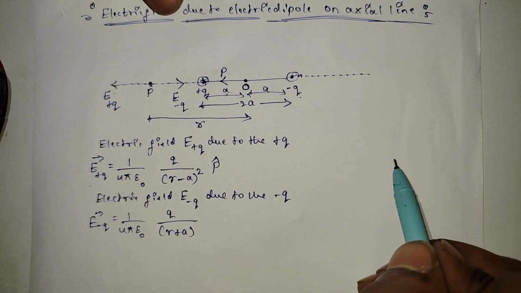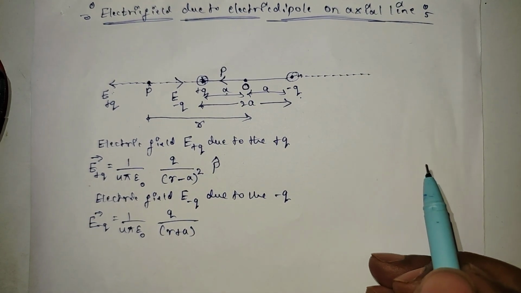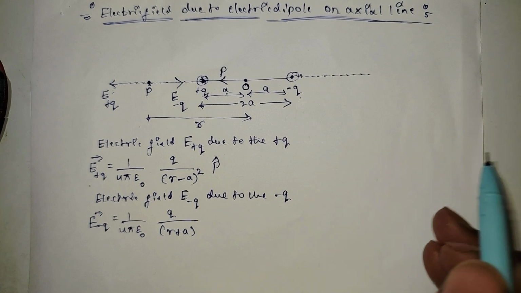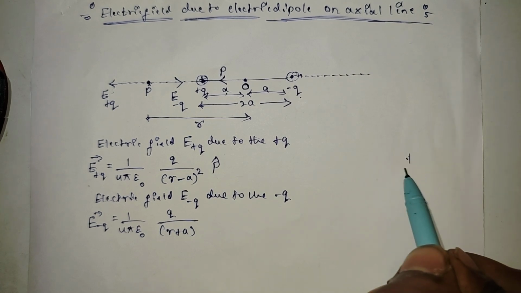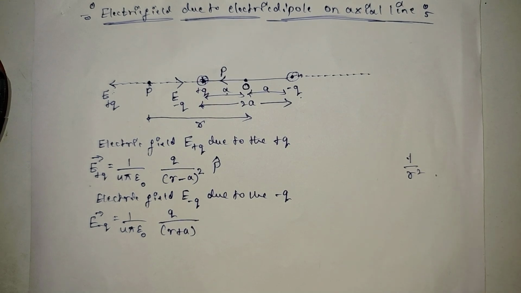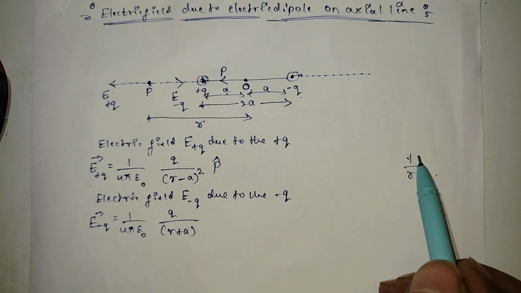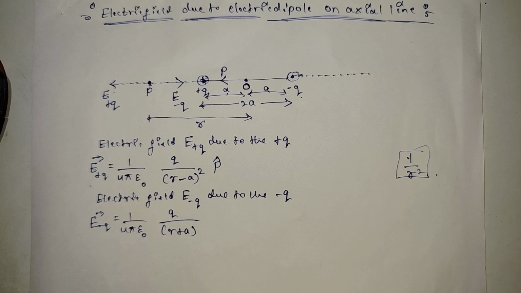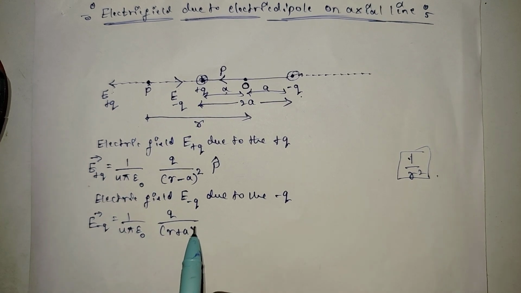We have already learned in electrostatics, in Coulomb's law, that 1 divided by r square is the inverse square law. So in the denominator we should take the square, r plus a whole square.